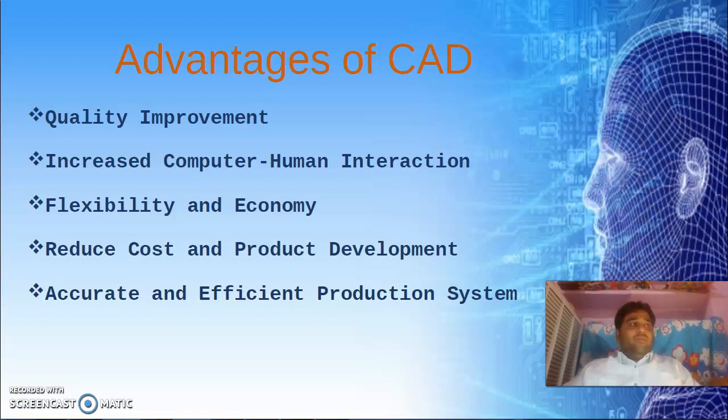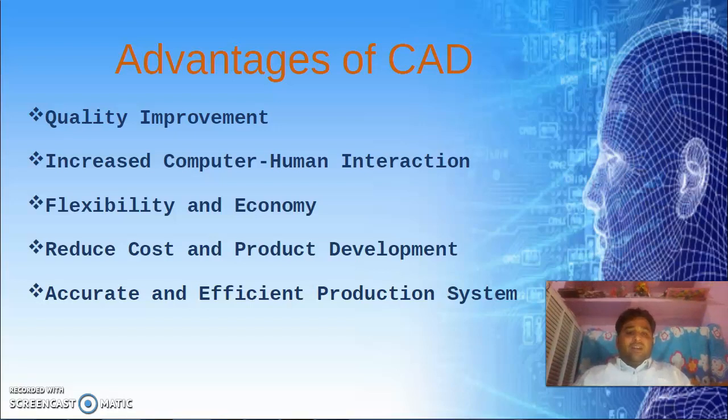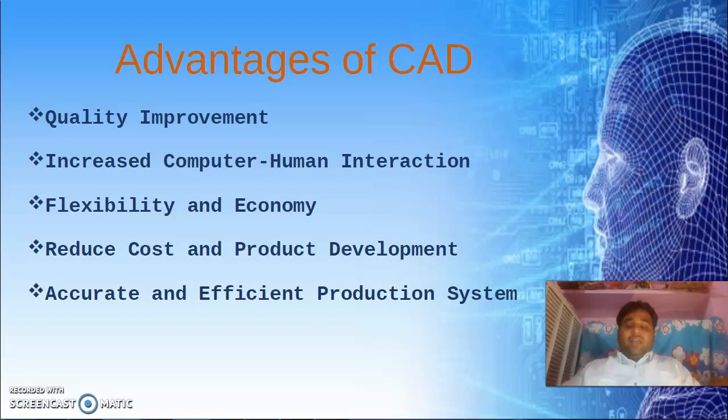It improves quality, and it reduces the human errors that were there in the earlier manual drafting system. It increases computer-human interaction, meaning what you are thinking can be saved in a computer, visualized with the help of certain commands, and compared with other design parameters.